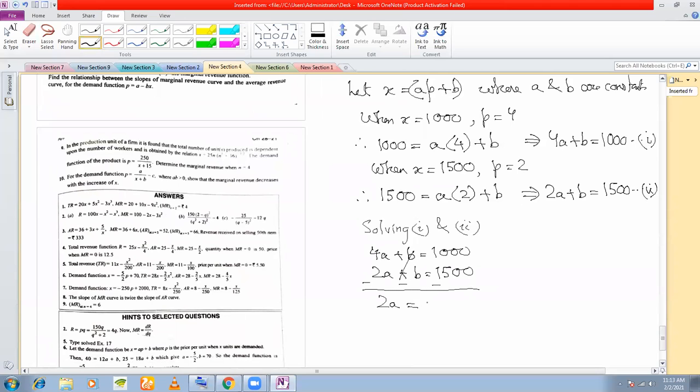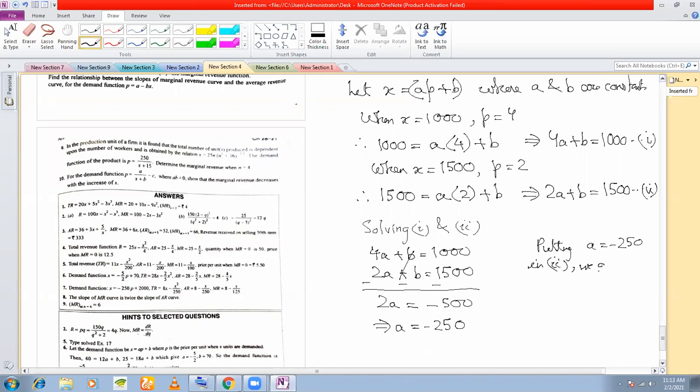So 2A is equal to minus 500. That means A is equal to minus 250. So putting A is equal to minus 250 in, say, let us put it in 2.